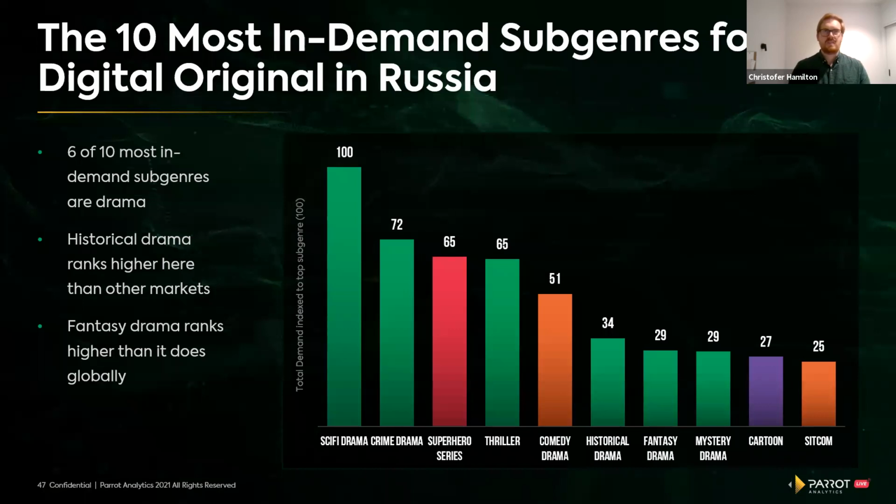That's a sci-fi drama, so we see that market preference coming through here. But two types of drama in particular stand out and make Russia unique. So historical drama ranks higher in Russia than in any other market, and fantasy drama does much better here than it does globally. So those types of drama are in particular catching audiences' demand in Russia.